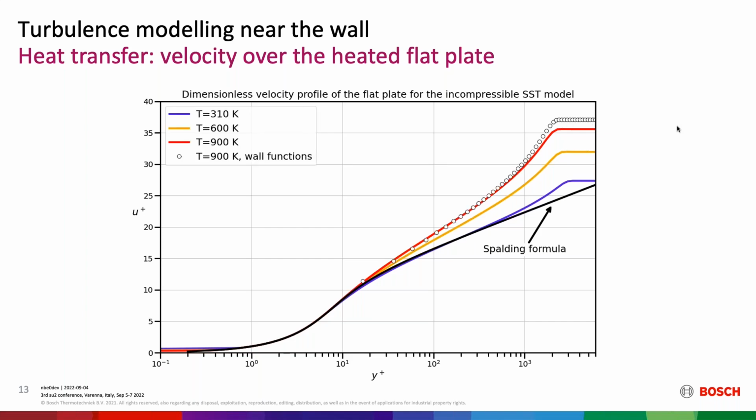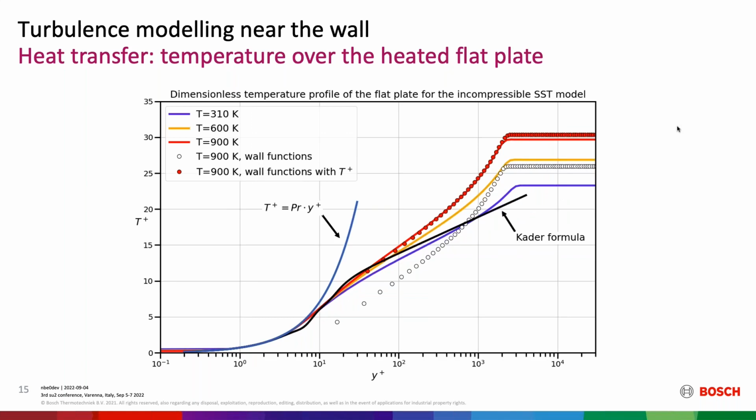Now the wall function model actually gives a good prediction compared to the wall resolved SST model, but for very high y plus values, so far away from the wall, we overpredict the velocity, and the reason is that we previously did not take into account a wall model for temperature, but only for velocity. Now, if we also correct for temperature, then we see that the velocity prediction with the wall functions is again matching with the wall resolved SST model.